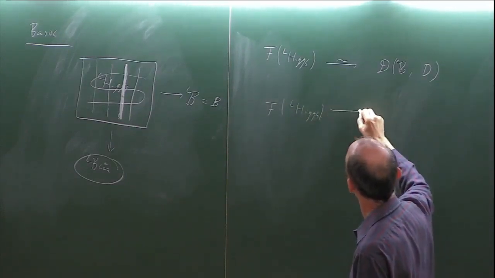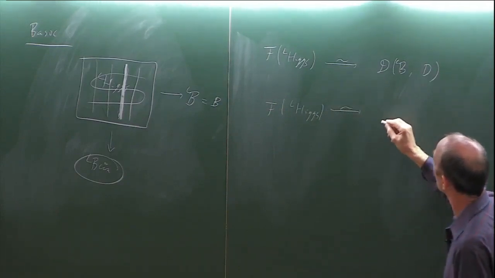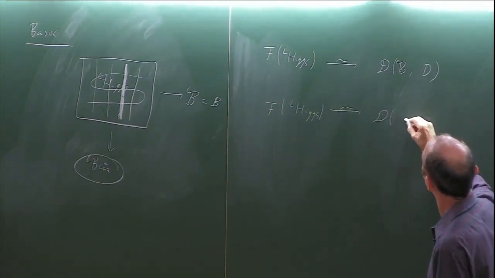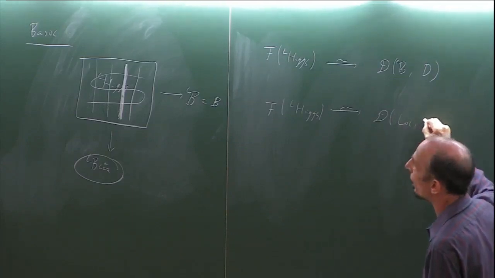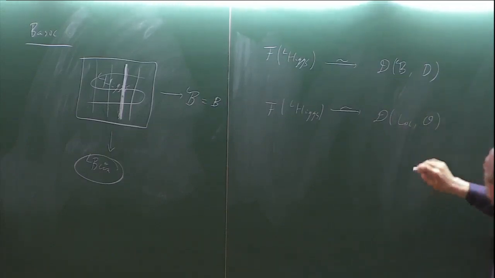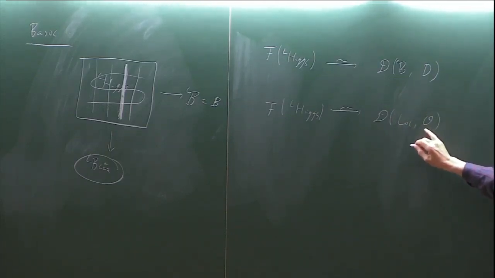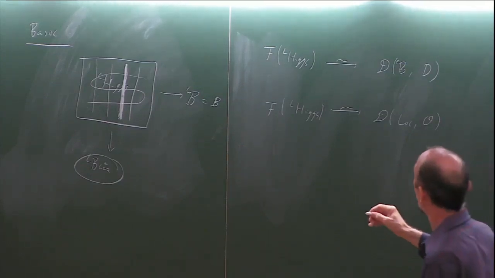The same Fukaya category maps to the other thing, coherent sheaves on Loc, by a version of the SYZ duality or T-duality for the physicists again.